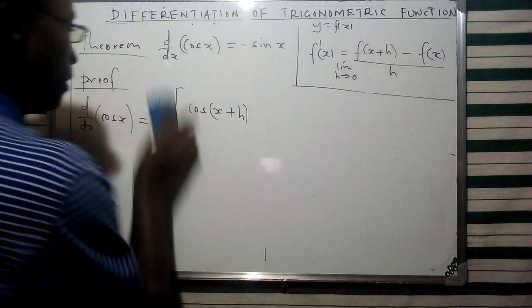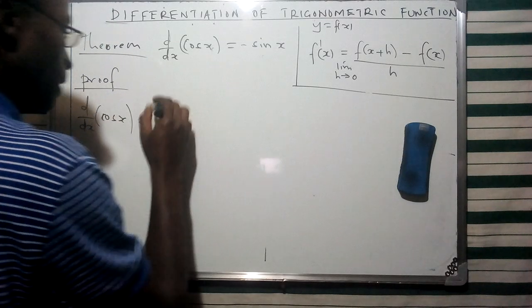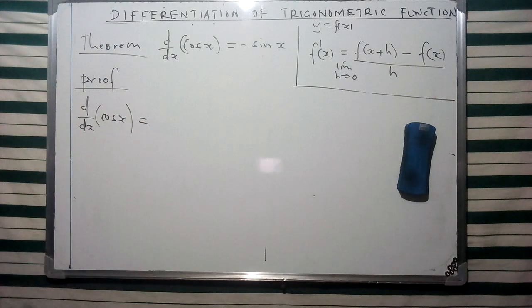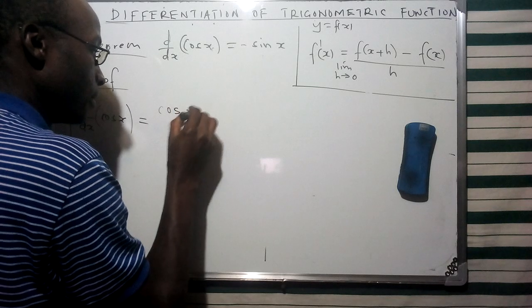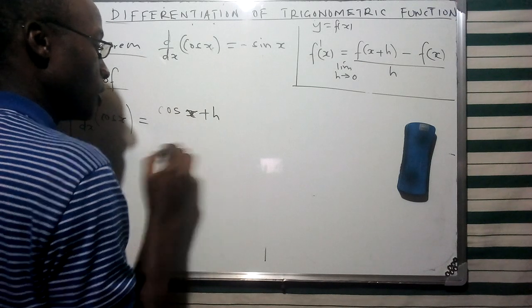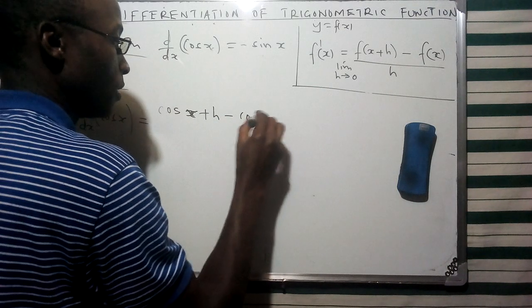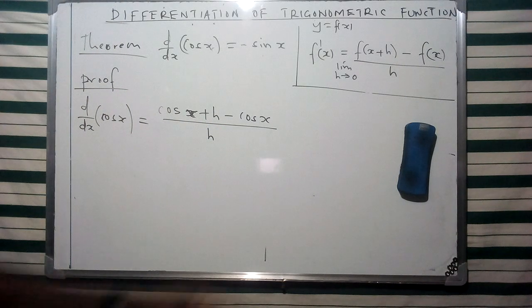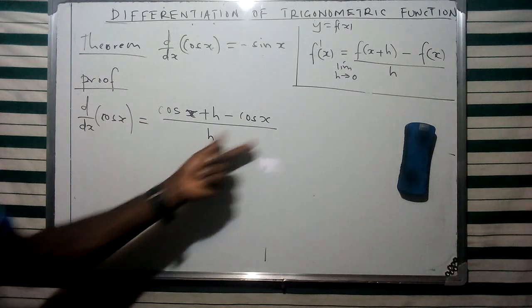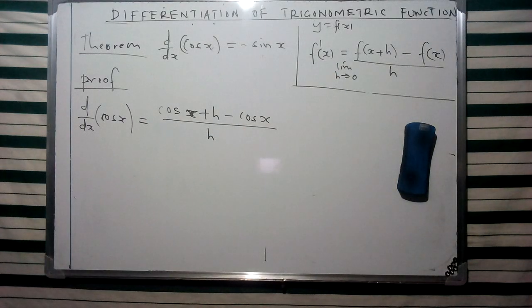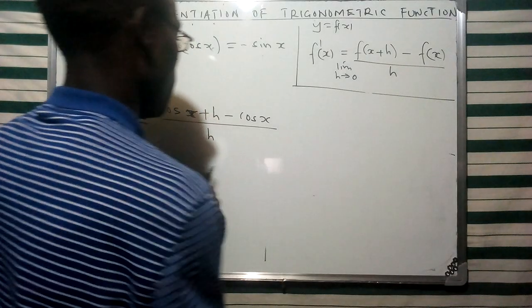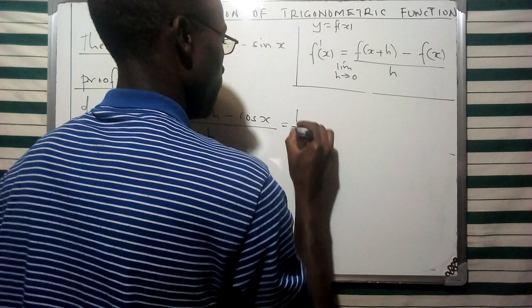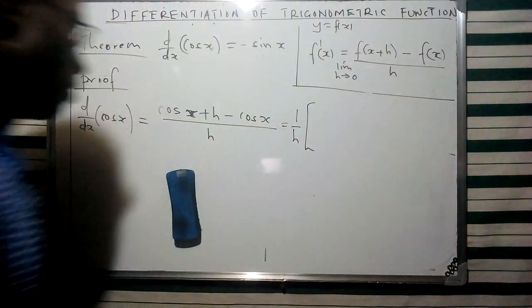So we're going to have this written in the form of the cosine of x plus h minus the cosine of x, all over h. I've done a substitution, similar to the general representation for the derivative. And this is going to be given in terms of a common factor, 1 over h.